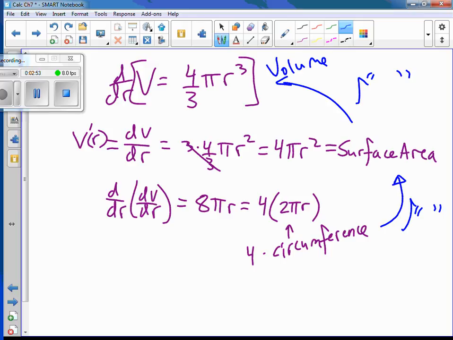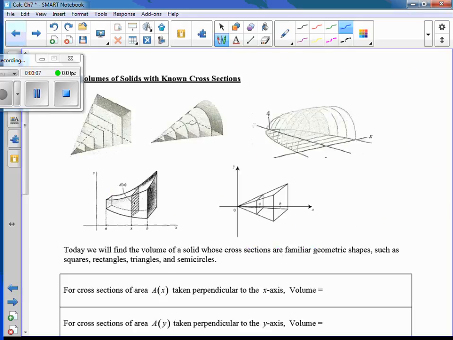The main concept, and the reason I brought this up, is that the derivative of volume gives you surface area, ergo the integral of surface area should give us volume. And that ties into what we're talking about right here.